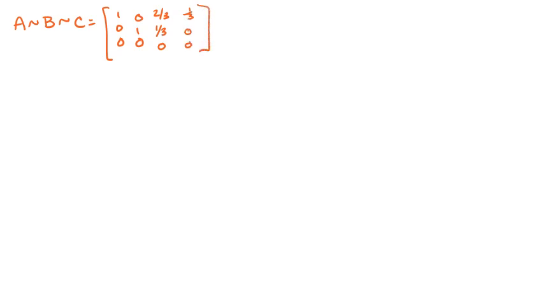Okay, so if we want to find the basis for the null space, that's what we're looking for now. We have to have reduced echelon form. And you may recall that when dealing with null space, we look at Ax equals 0. Well, Ax equals 0 is the same as Cx equals 0 in our case.